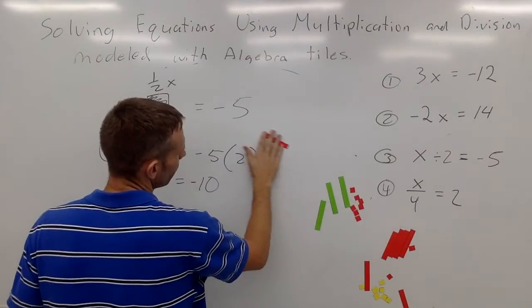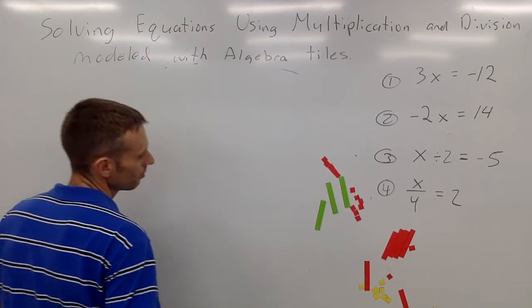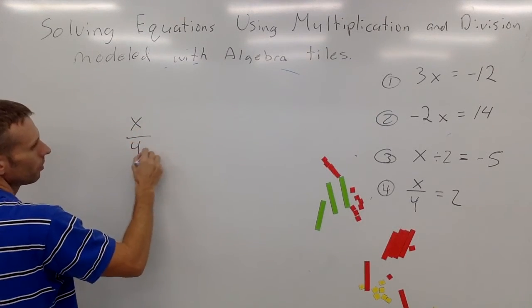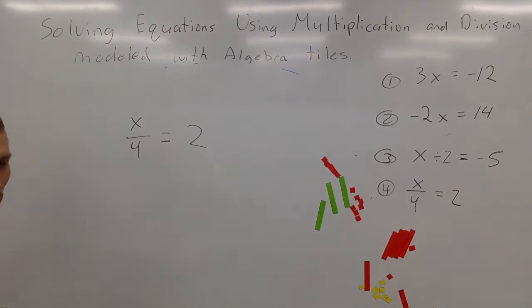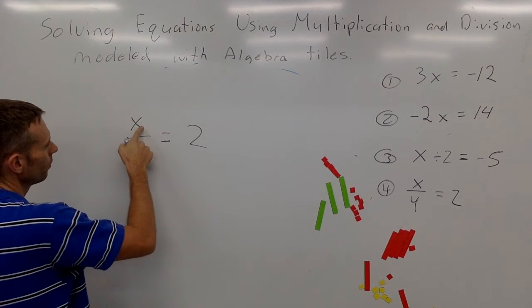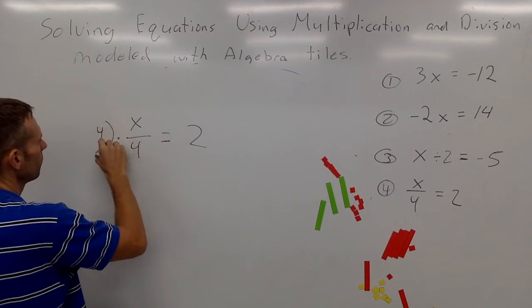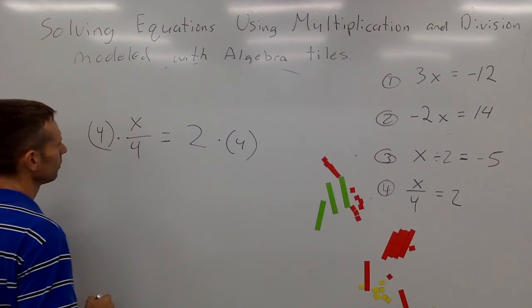Again, I think the picture falls short a little bit, but maybe you can picture it. This time I'm going to write it a little bit differently, but we're essentially doing the same thing. X divided by 4, same thing as 1/4 times x, right? The inverse operation of divided by 4 is times 4, so I'm going to multiply both sides by 4.